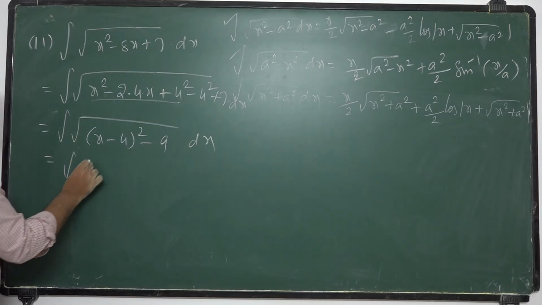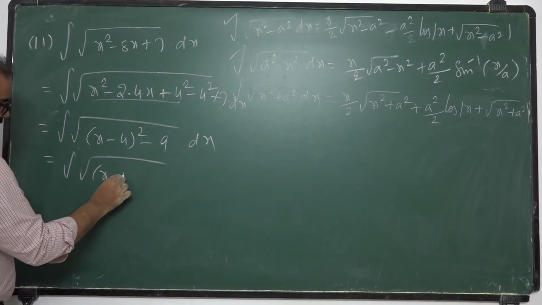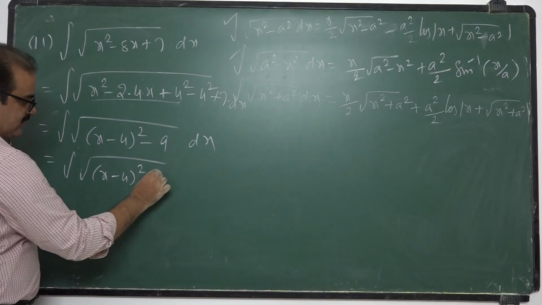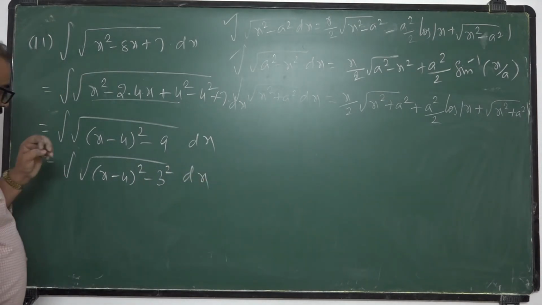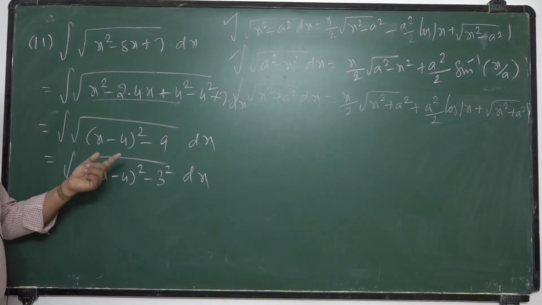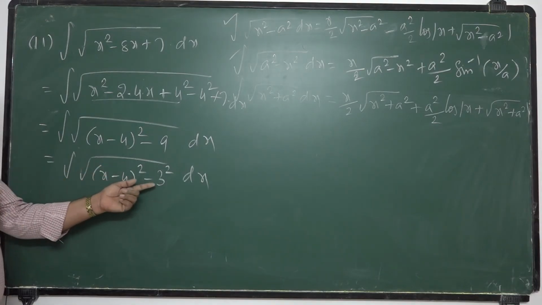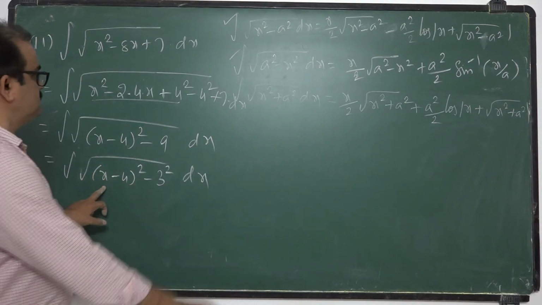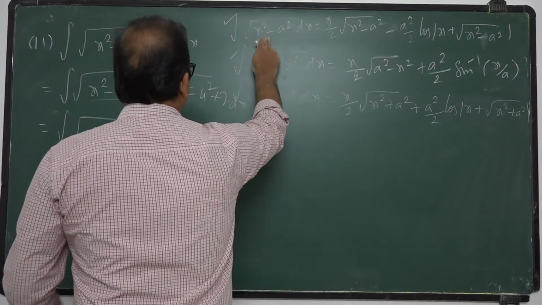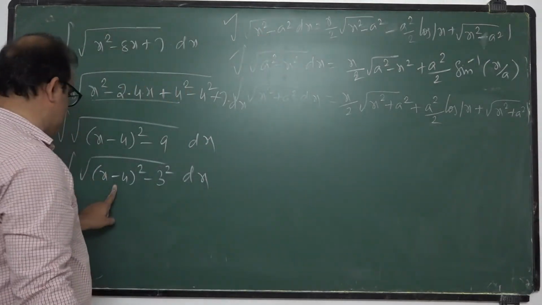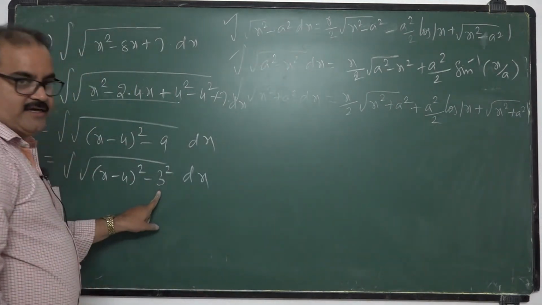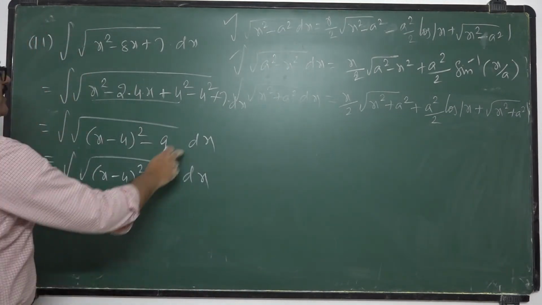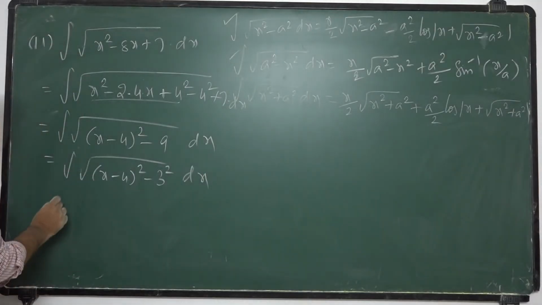You write it as (x minus 4) whole square minus 9, taken as 3 square, into dx. See, it is in the form of integral root x square minus a square. You apply this formula, in place of x here it is x minus 4, in place of a here it is 3. So you apply this first formula.